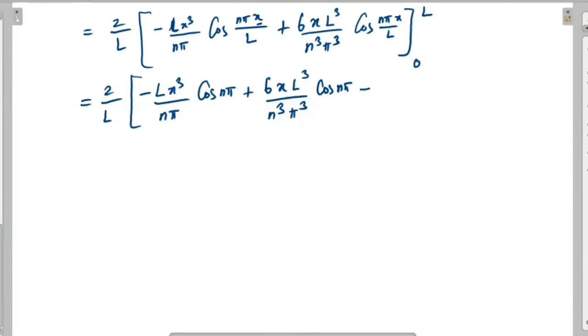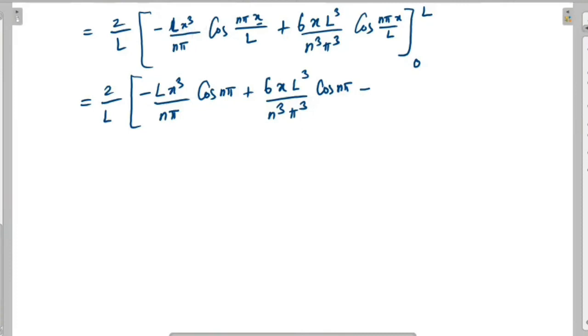Suppose if you substitute the lower limits, no need to, if you take the product of any terms, if one term is going to be 0 it means the entire term is going to be 0. So no need to substitute both x.